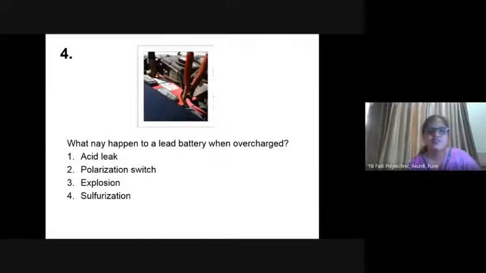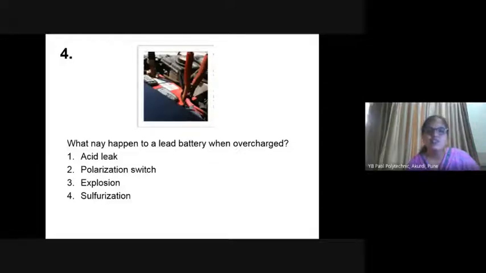Fourth question, students: what may happen to a lead battery when overcharged? First, acid leak. Second, polarization switch. Third, explosion. Fourth, sulfurization.